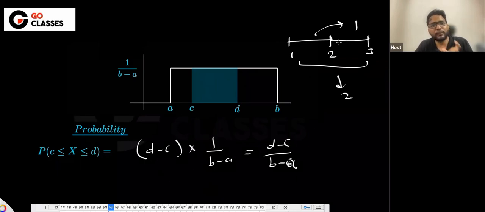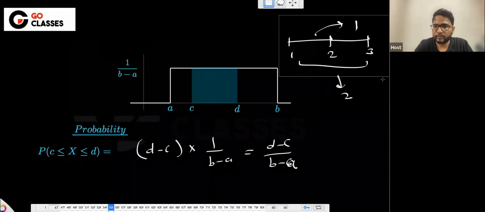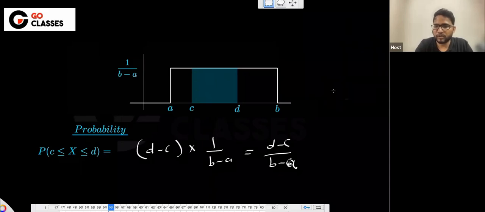The number of points in the interval, including 1 and 3, is 3, but the length of the interval is just 2. Anyway, I hope it is fine to everyone. So it is d minus c only. It will not be plus 1 because the length of the interval is different from the number of points. We are not calculating the number of points here, we are calculating just the length.